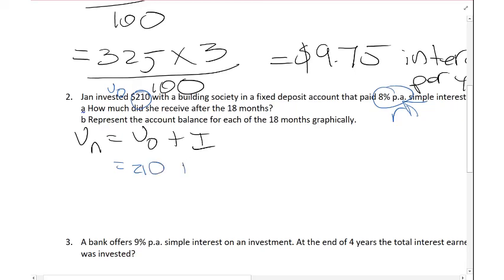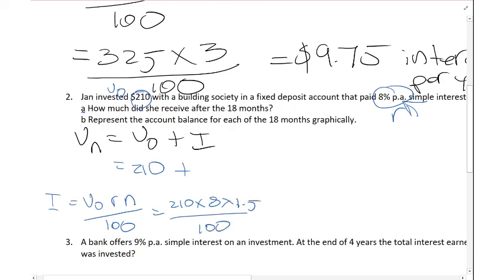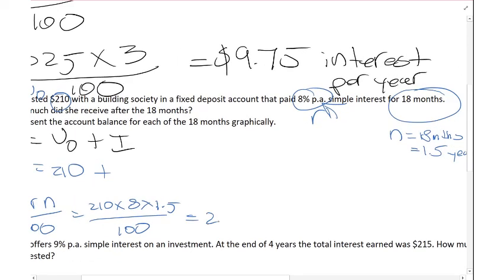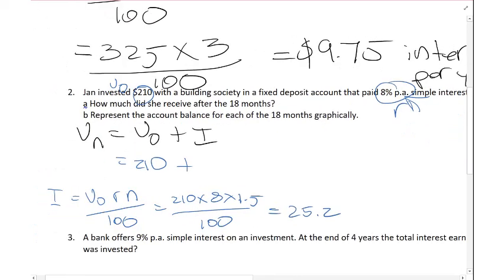Easy. Now, here's the part I need to calculate. I need to calculate I. Okay, so I need to work out what I is here. So I'm going to go I equals V0 R N over 100. So that's 210 times 8 times 1.5 divided by 100, and that'll give you 25.2.